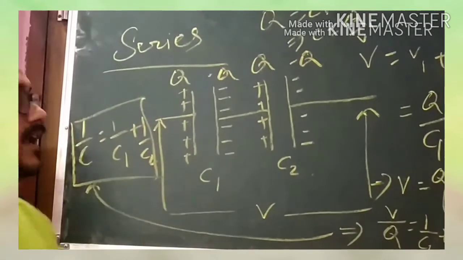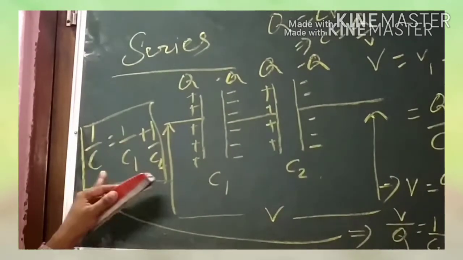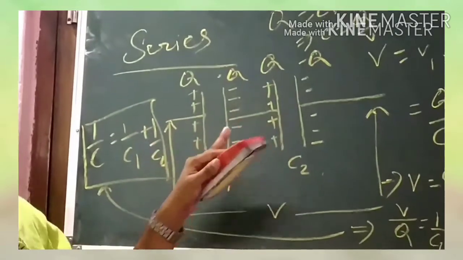When we take n capacitors, the net capacitance is 1 by C equals 1 by C1 plus 1 by C2 plus up to 1 by Cn.